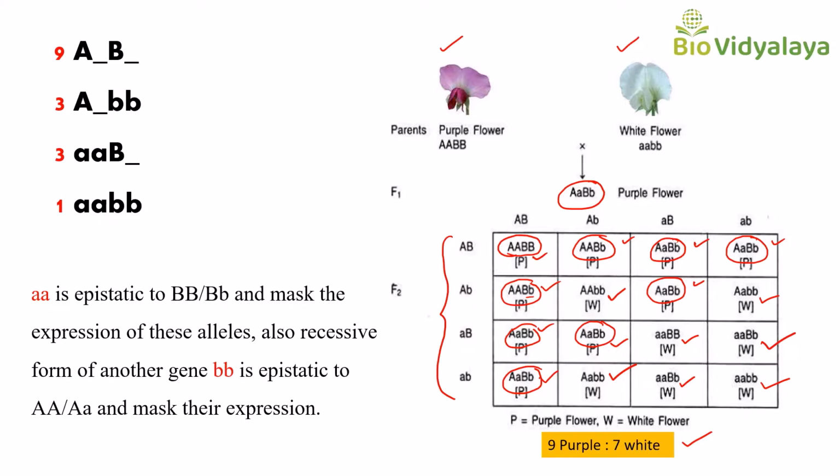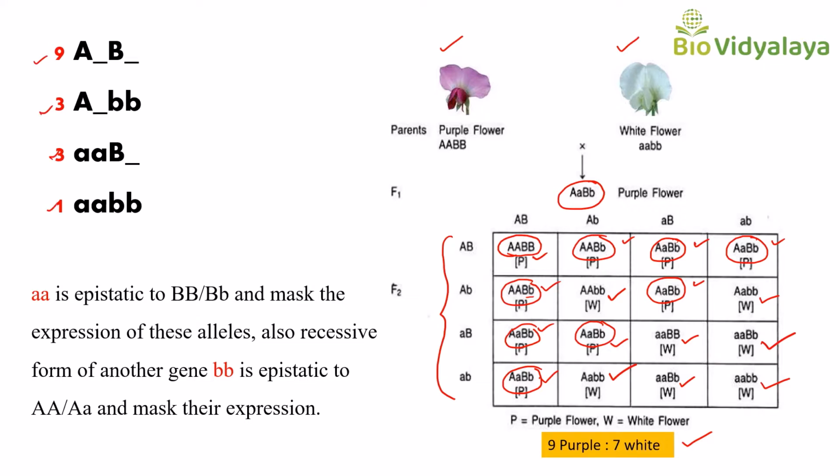So why are we getting this ratio of 9:7? Because both the dominant forms of the gene A and B are required for the purple pigment formation. If any of the genes is in recessive condition, that will mask the expression of the other gene. So we will get white color. Okay. So the ratio is 9:7. Normal dihybrid cross ratio is 9:3:3:1.